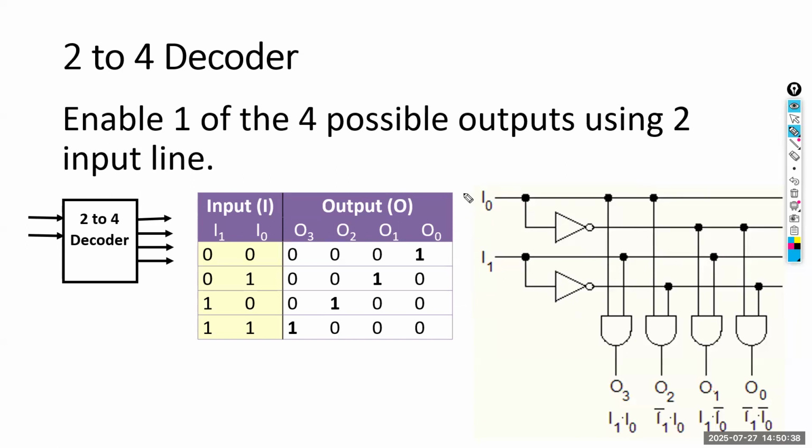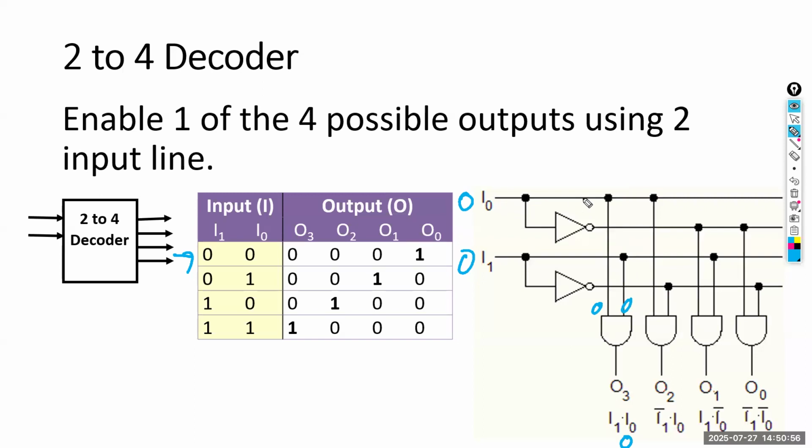Now what happens when both inputs are zero? In this scenario, both are zero, so this is zero, and this is zero.